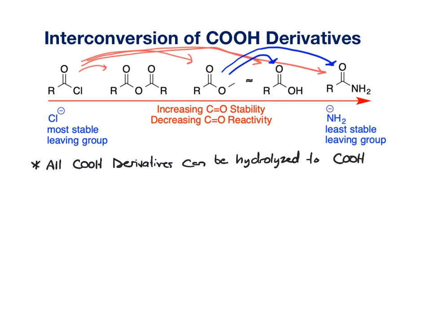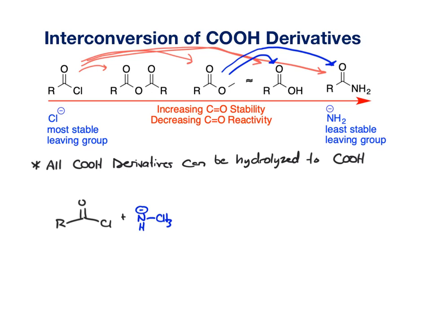All right, so if you're given a reaction to predict, say we take an acid chloride and you react this with NH2 minus.